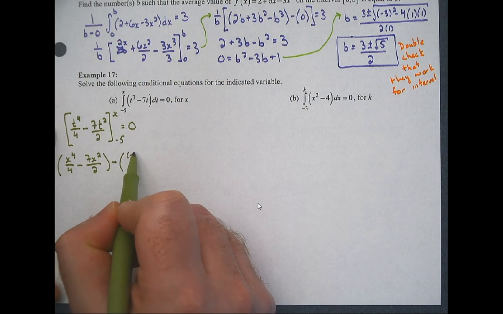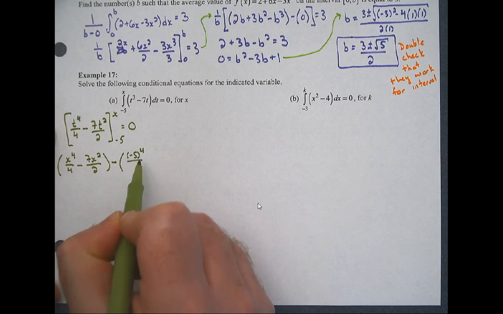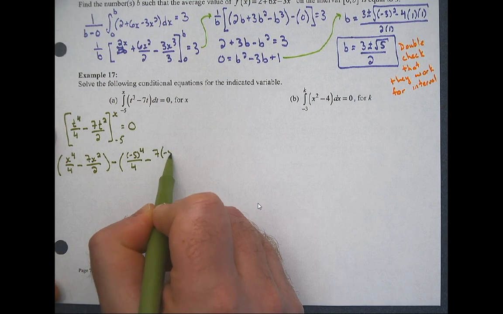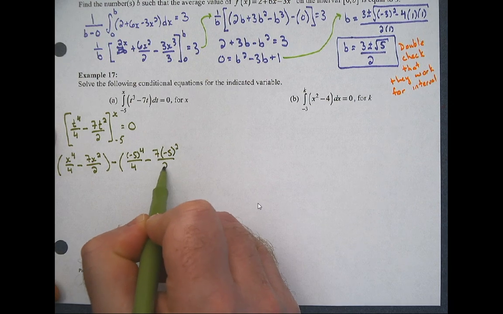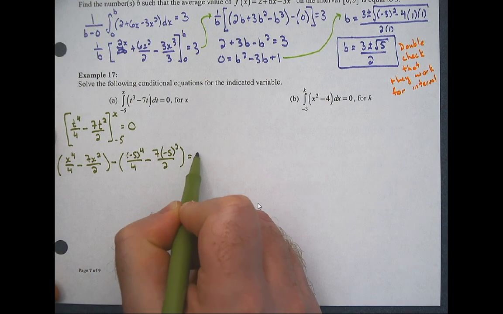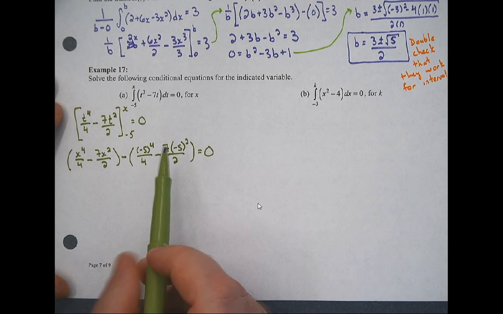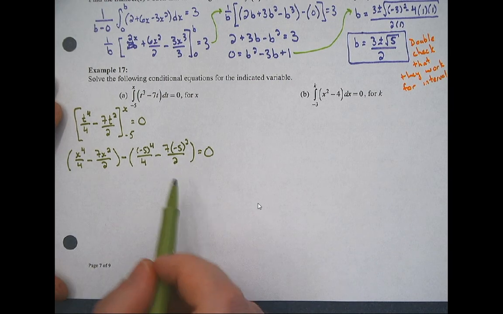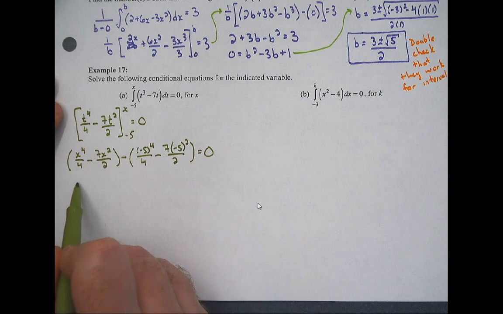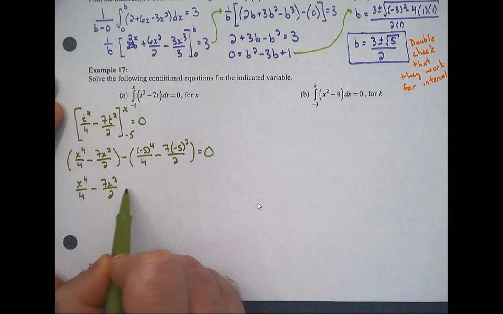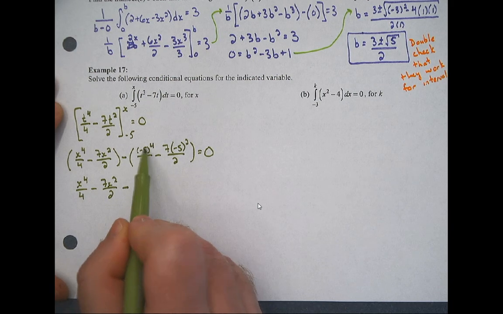Then I've got -5 to the 4th over 4 minus 7 times -5 squared over 2. I'm already hating this problem, but we can persevere here. Let's get rid of the parentheses and try to clean up a little bit. So let's go with x to the 4th over 4 minus 7x squared over 2 minus, okay, distribute. That negative is going to get squared out.